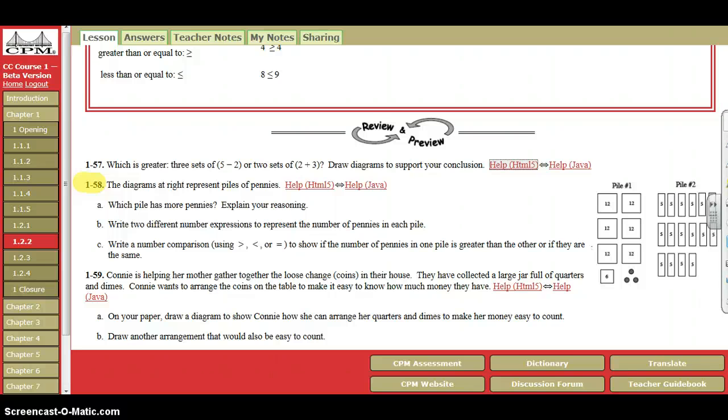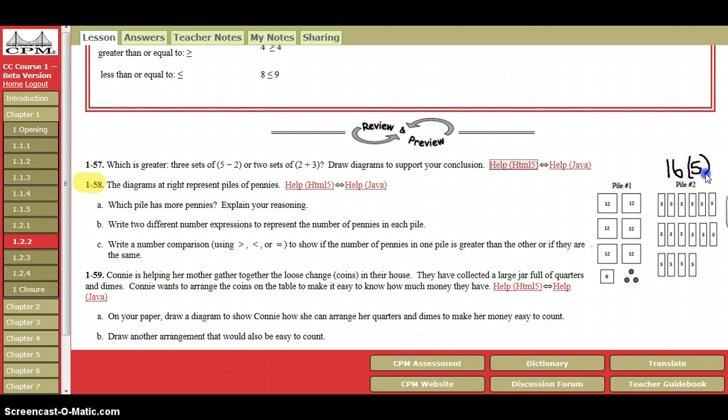But you can see that in pile number 2, right here, you have 1, 2, 3, 4, 5, 6. All right, I know the first row has 6, plus another 6 is 12. 13, 14, 15, 16. I could write that expression as I have 16 groups of 5.